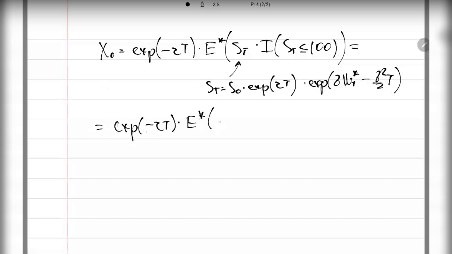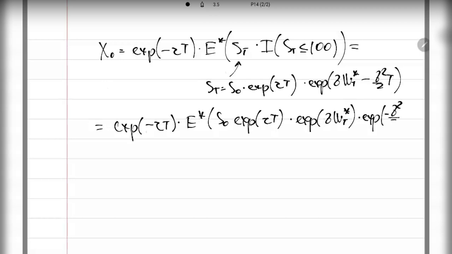Expected value star S0, exponent RT, exponent WT star, exponent minus sigma squared over 2 times T, times the indicator that ST is less than 100.